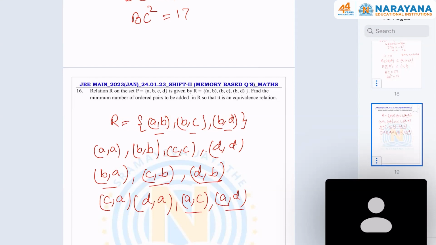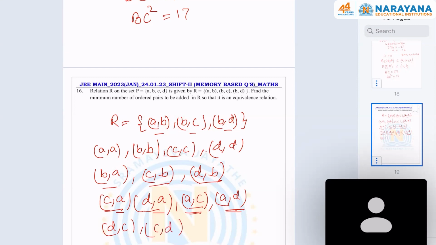Again I have to make this transitive also. So what are the elements I have to add? D comma A and A comma C means I have to add D comma C, and C comma A and A comma D means I have to add C comma D.